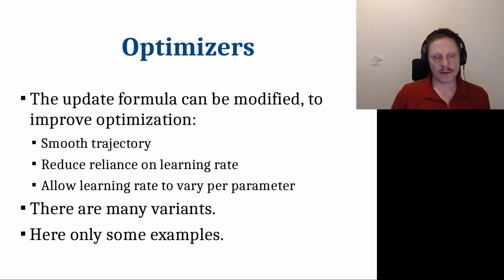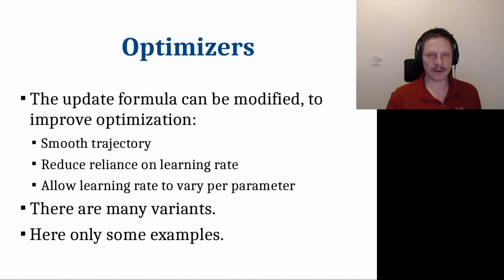This basic update formula that we saw can be modified to improve optimization, the behavior of this trajectory, for example, smoothing it somewhat, as I just mentioned. One other thing which is a little bit tricky with this update formula is that it relies on the learning rate, and the learning rate can be quite difficult to tune.